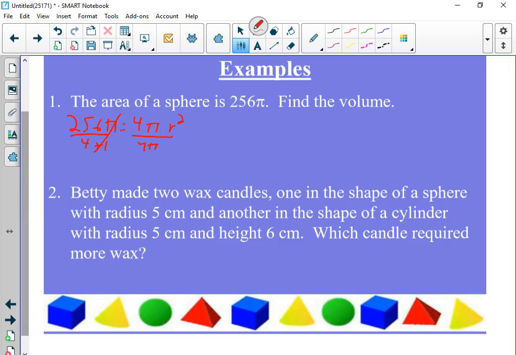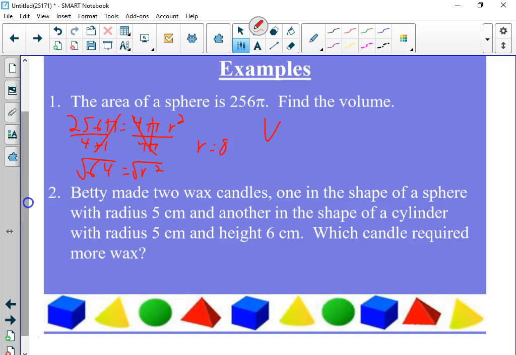Again, that cancels over here, leaving us 256 divided by 4, 64, equals r squared. The square root, and we get r is 8.